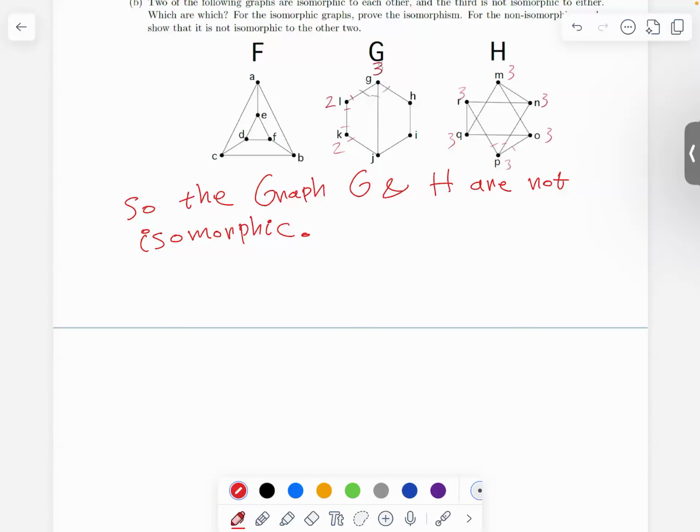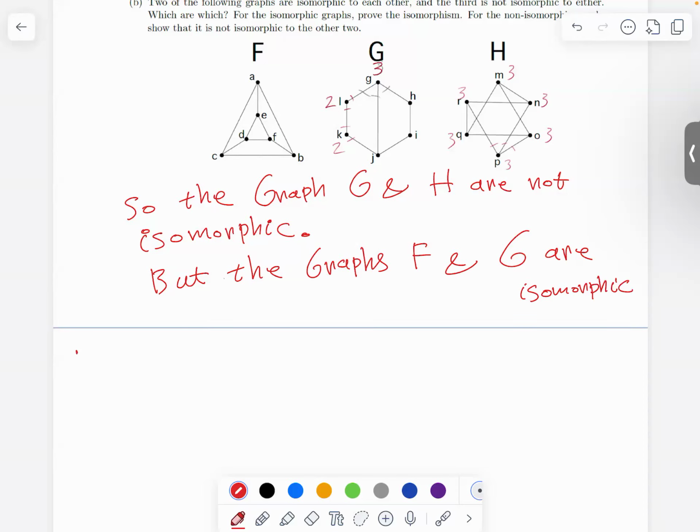But the graphs F and G are isomorphic. Okay, have a look at here.